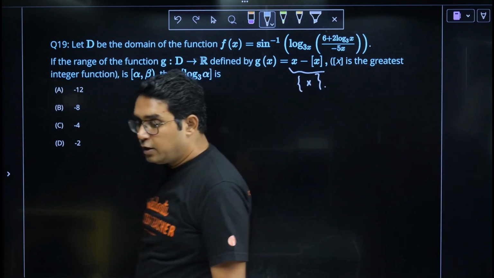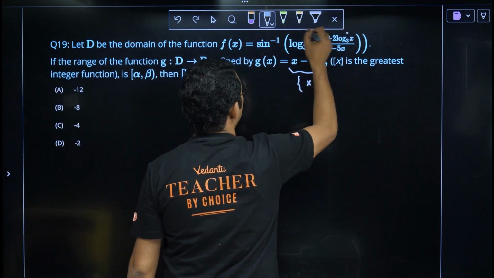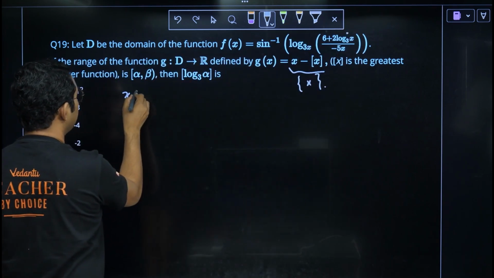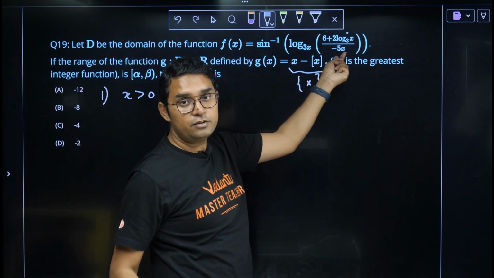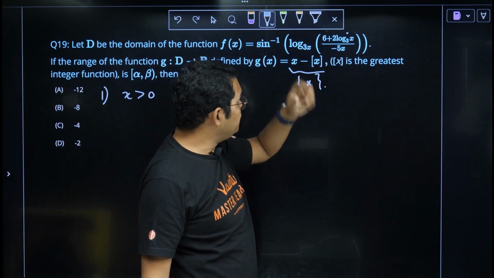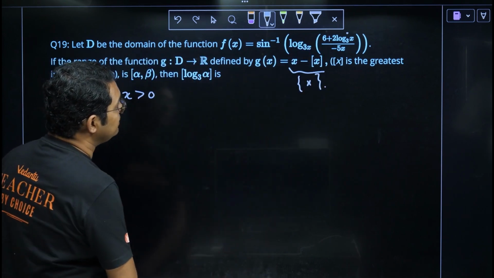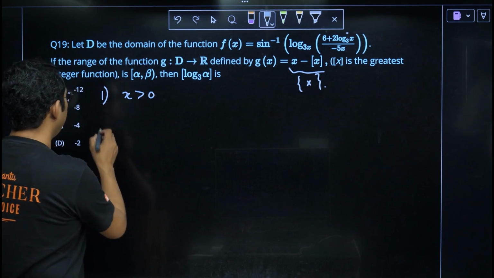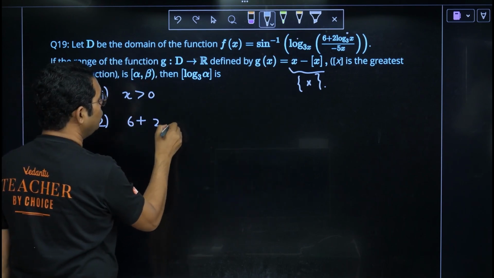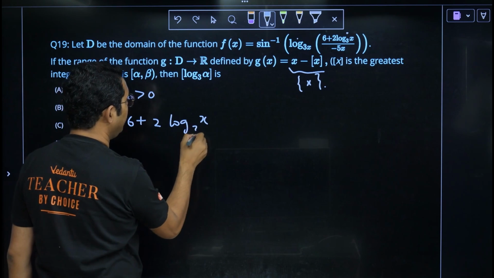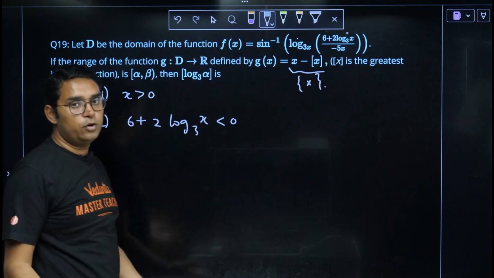First of all, we have to find the domain. So for the domain, for this log to be defined, I think my x has to be positive. Now, if x is positive, minus 5x will be negative, which means my 6 plus 2 log x base 3 should also be negative. Then only this log can be defined. Because if this is negative, this is also negative, then only this log will get positive values.